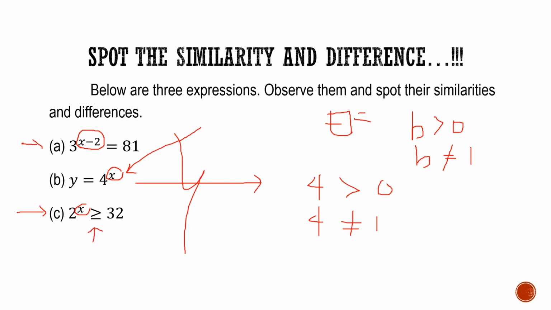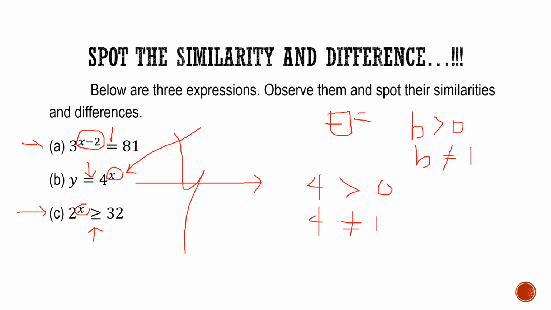So both your A and B use an equality sign, so there is an equal sign between the right side and left side of your expressions. Unlike in your letter C, we use an inequality sign, that is greater than or equal to. So we simply use inequality in your letter C.